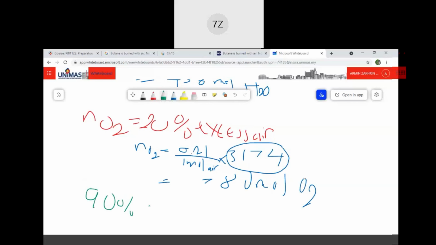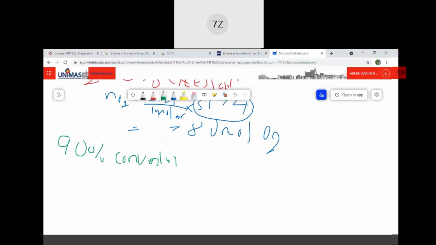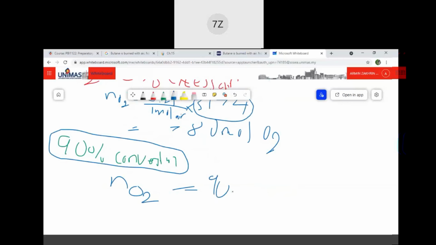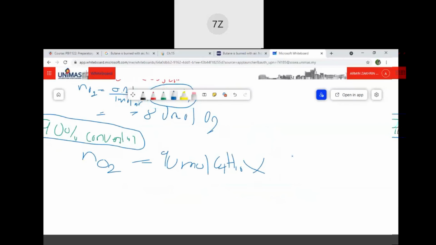For the 90% conversion part, the number of mole of O2 from 90% conversion of butane: you take 90 mole of C4H10 and multiply with, from the balance equation, 6.5, which is the same as 13/2 mole of O2 over 1 mole of C4H10.